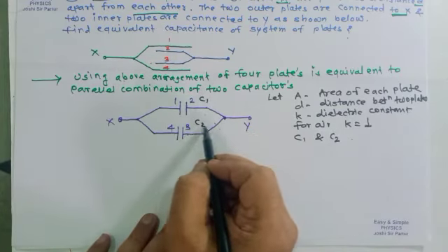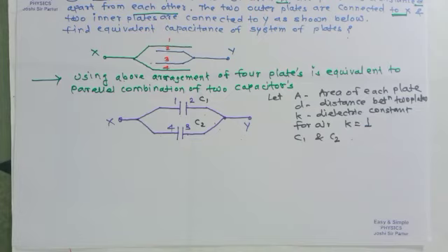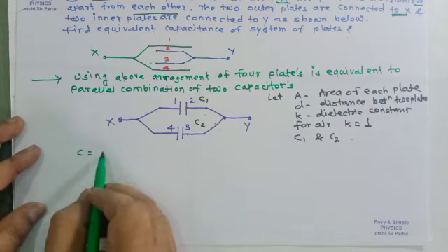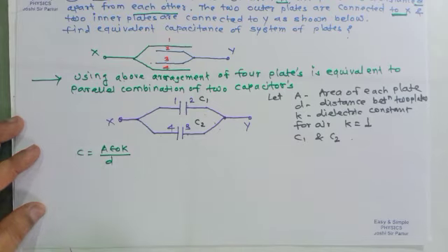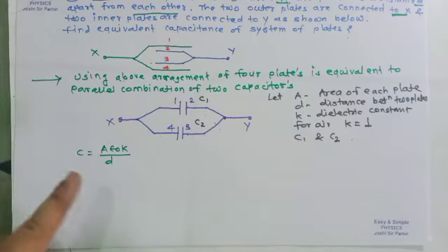So we know that the formula for capacity, parallel plate capacity, will be A epsilon 0 K upon small d. For air, K is 1.